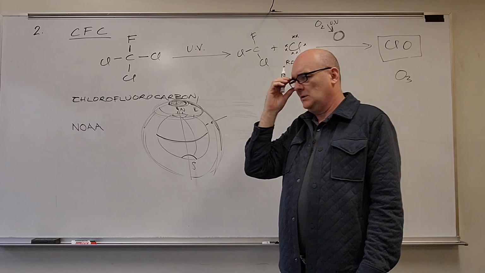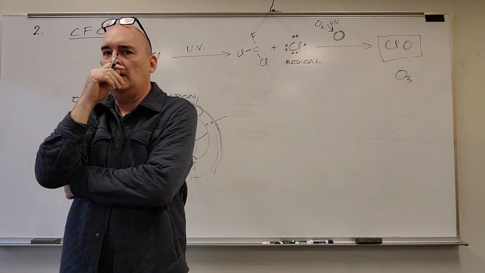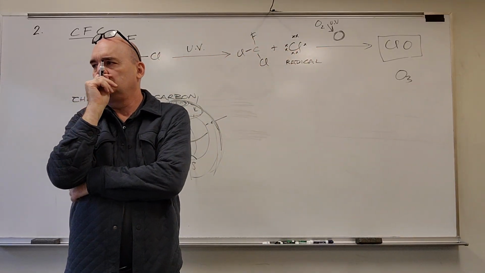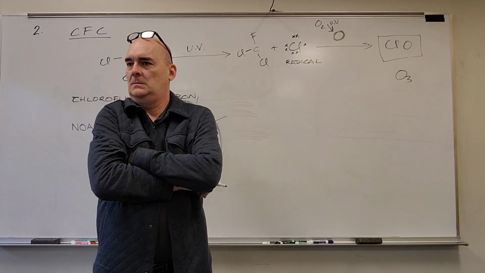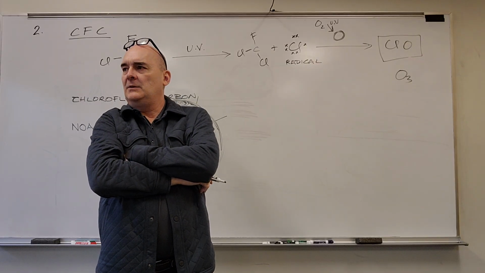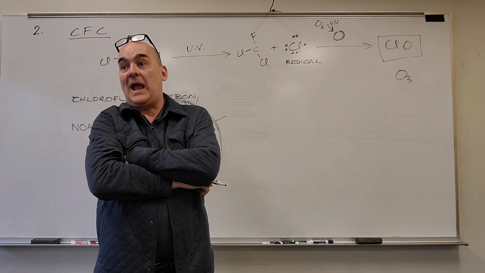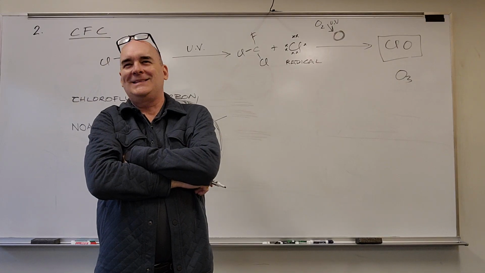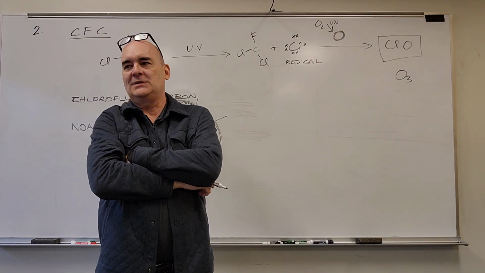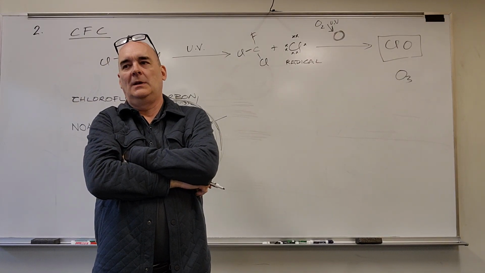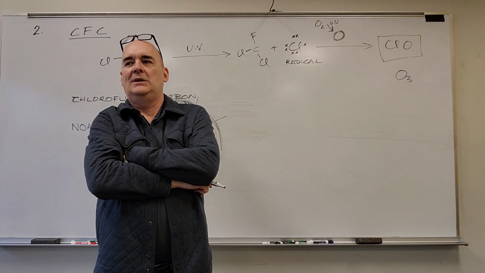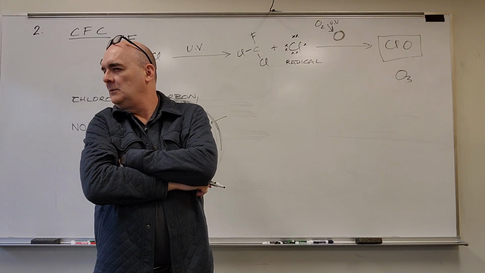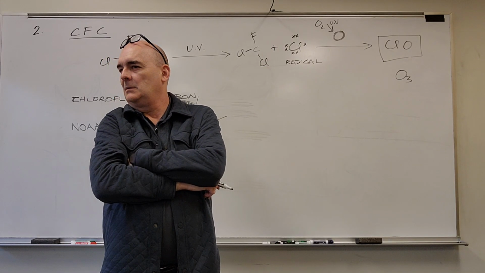One of the things that we talked about, I think Thursday, was concentration. That there's a lot of gas, but gases aren't close to each other. Gas particles are a long way from each other, and they have to bump into each other in order to make the reactions happen.